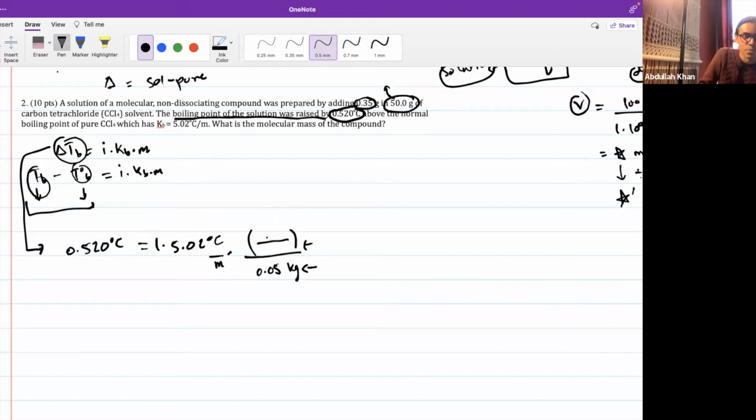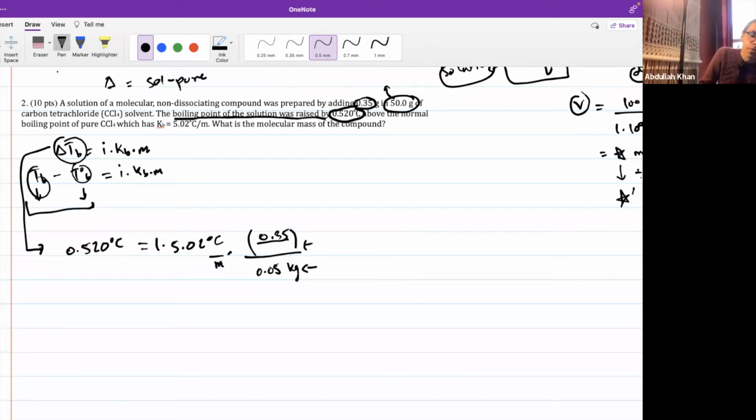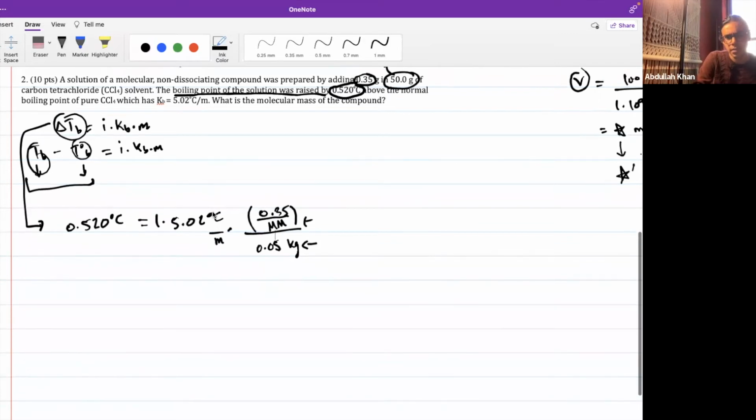Is 0.35 the numerator or the denominator? The numerator. Good. And what goes in the denominator? Don't know. Let's just call it X or molar mass MM. Great. Solve for MM and you're done. We did an exact question in class, I believe. Good. Very good. Any questions?